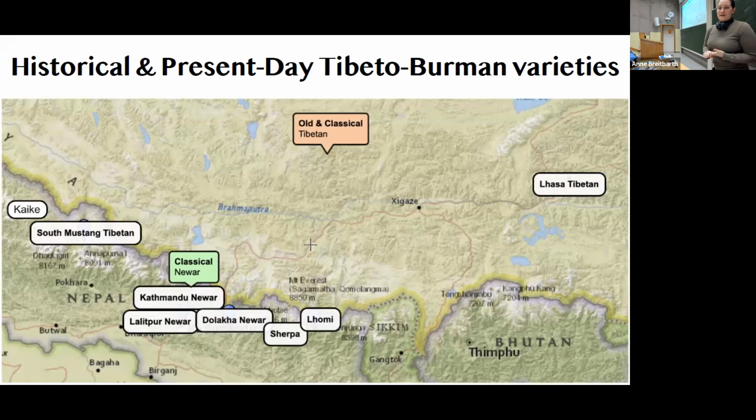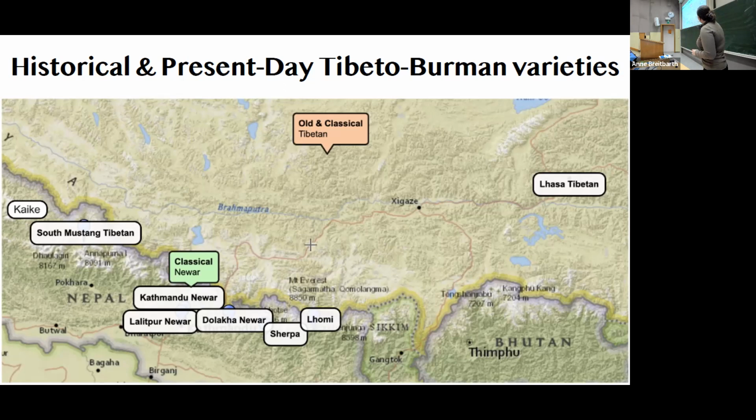So when I talk about Tibeto-Burman languages, I thought I'd put a little map up. So here's Bhutan, and then there's Nepal, and then there's the Tibetan Autonomous Region there. Lhasa Tibetan is the sort of standard Tibetan that is now turned into, let's say, diaspora Tibetan after the 1960s, and is now mainly actually spoken in Dharamsala in India, but it is also sort of the lingua franca for Tibetans all over the world.